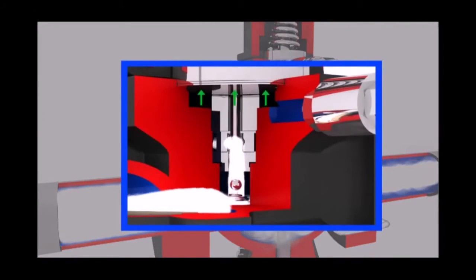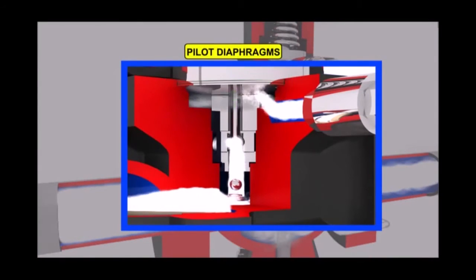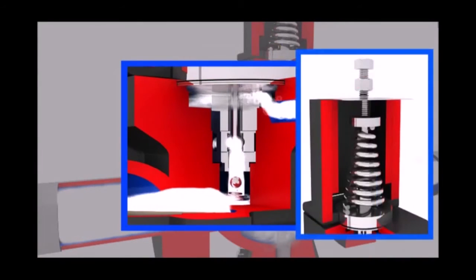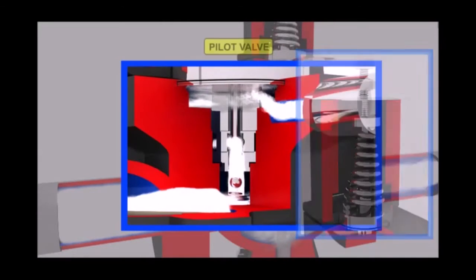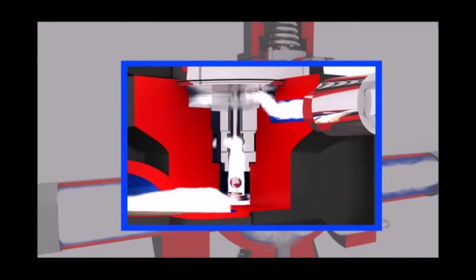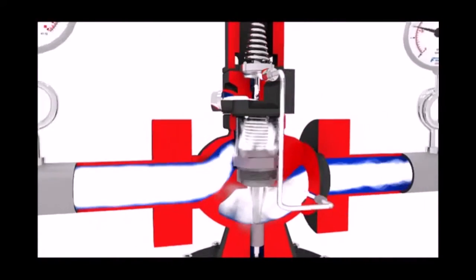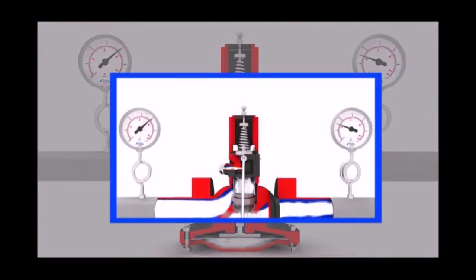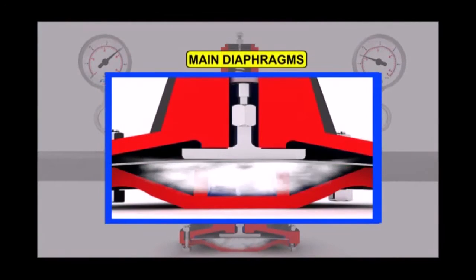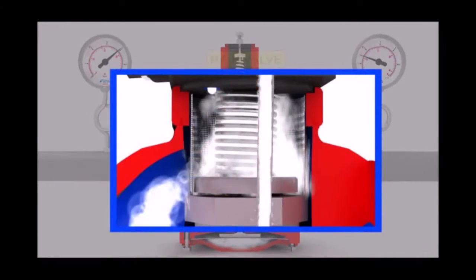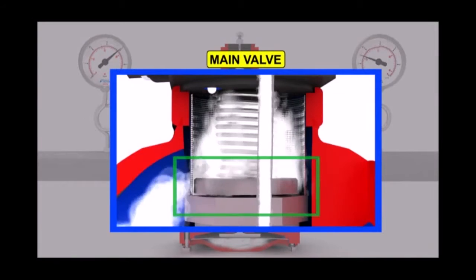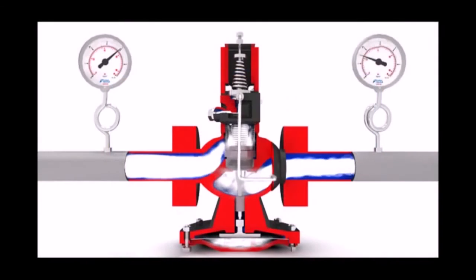When the upward pressure of feedback steam on the diaphragm balances the downward force of the spring, the pilot valve throttles. Steam passing through the throttled pilot valve maintains controlled steam pressure under the main diaphragm and positions the main valve to pass just enough steam to achieve the desired downstream pressure.